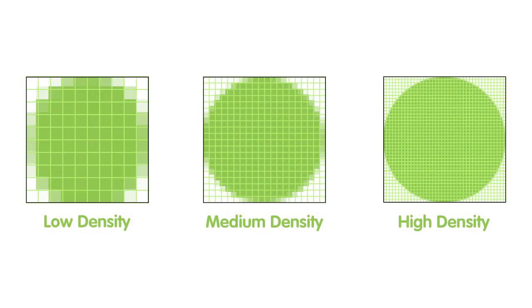And higher pixel density means that more pixels are packed into a smaller area, resulting in finer details and improved image sharpness. Conversely, lower pixel density can lead to decreased image quality and the loss of detail. Achieving optimal pixel density depends on the specific civilian requirement and the intended use of your footage.